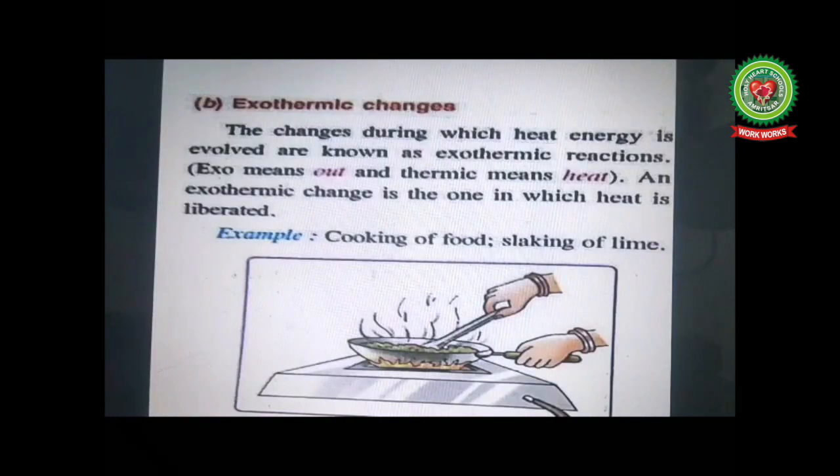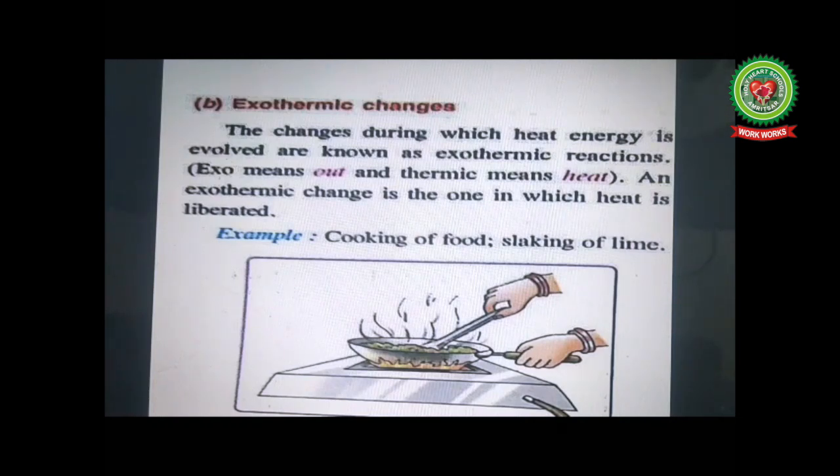The changes during which heat energy is evolved, underline evolved, write down released, are known as exothermic reactions or exothermic changes. Exo means out, exit, and thermic means heat. An exothermic change is the one in which heat is liberated or given out.